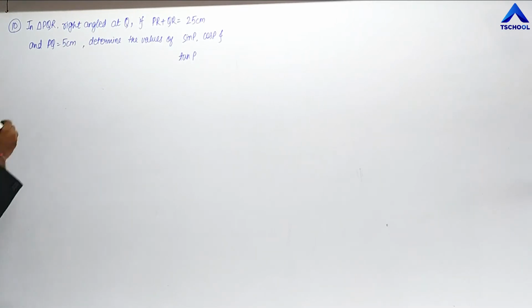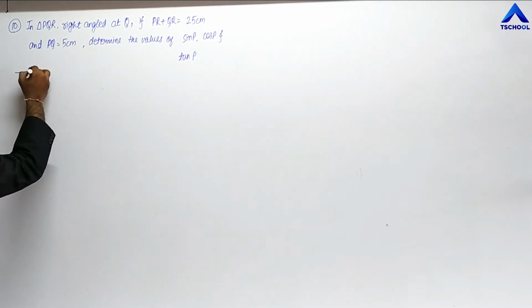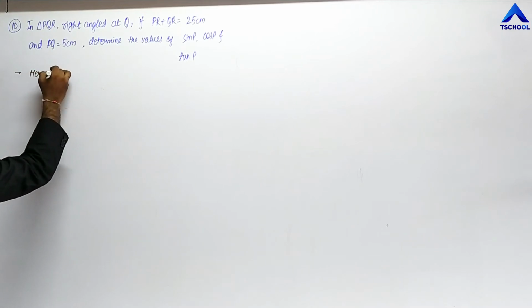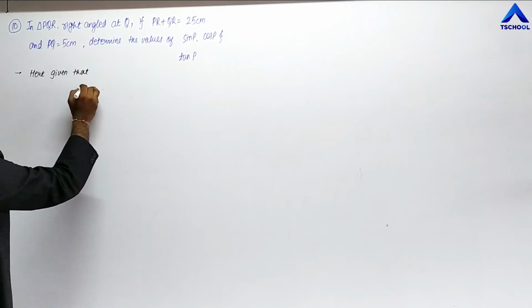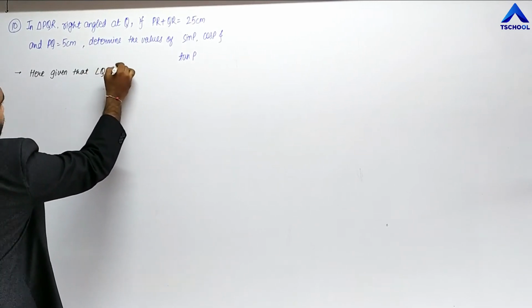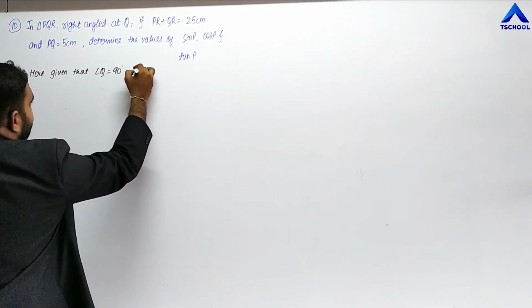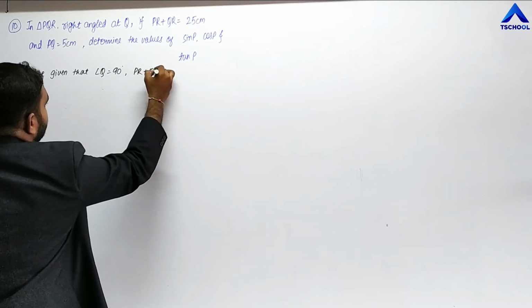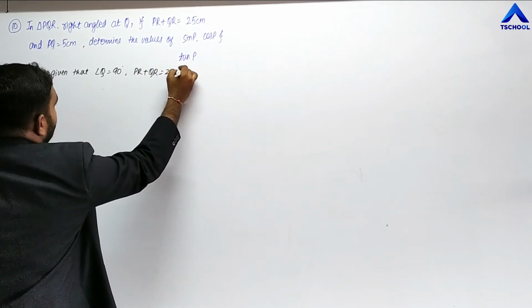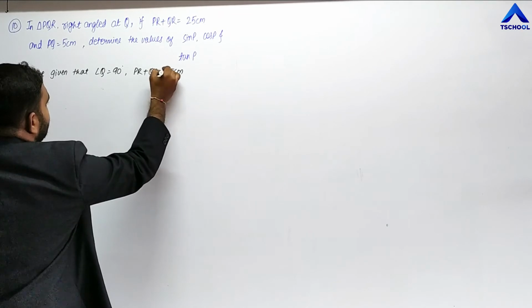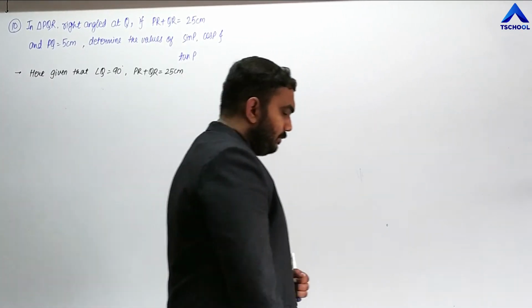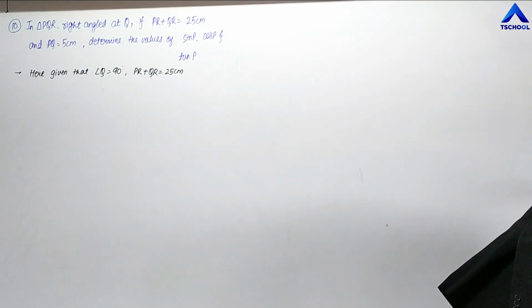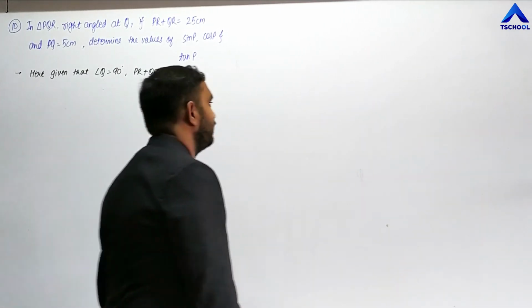Now, first of all see what the figure is given. Given that angle Q is equal to 90, PR plus QR is equal to 25 centimeter and PQ is equal to 5 centimeter.